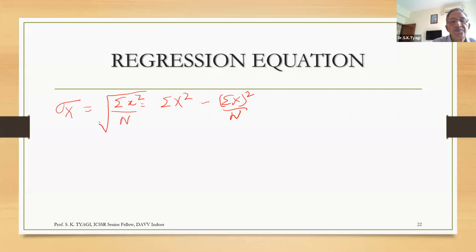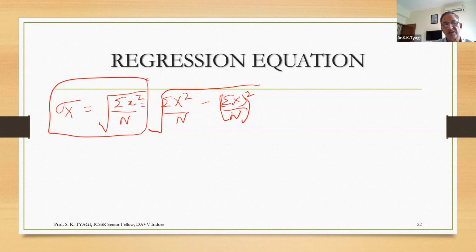Okay, this I am sure you might have come across. The original formula for standard deviation is this, but this is the raw score formula. If you want to calculate from raw score, then you may use this formula for standard deviation.